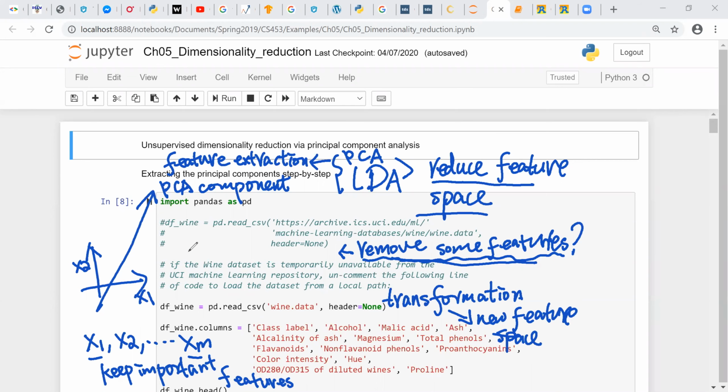Here it's called feature extraction. We have another one called feature what? It's also two words. Feature what? Because you keep important features, as the answer in the chat said, through feature importance.